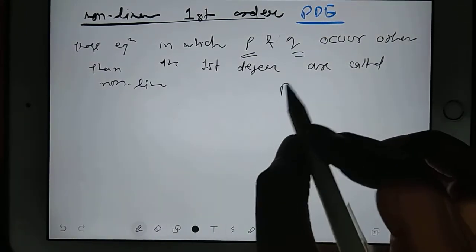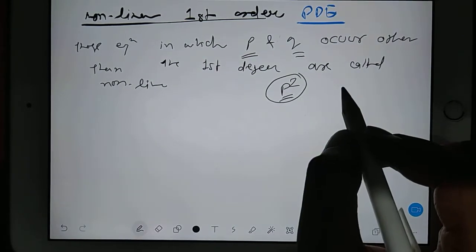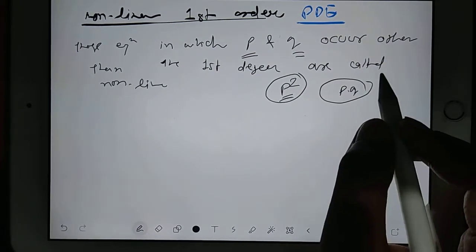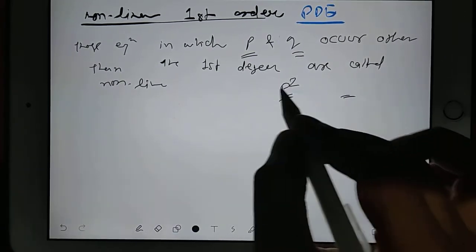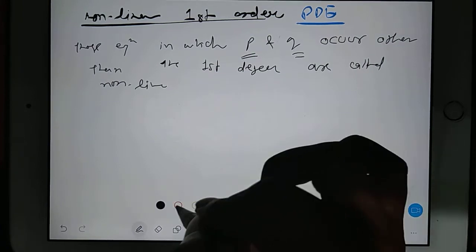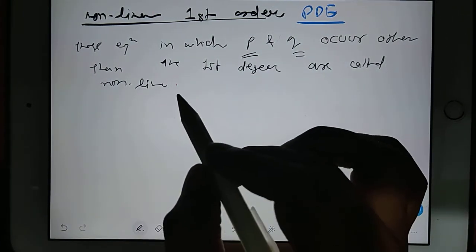For example, if p square is coming in the equation, then multiplication is coming. If p and q are coming together, then again multiplication is coming. In the previous equations they were not coming together, but now they may come together. So then it will be non-linear.